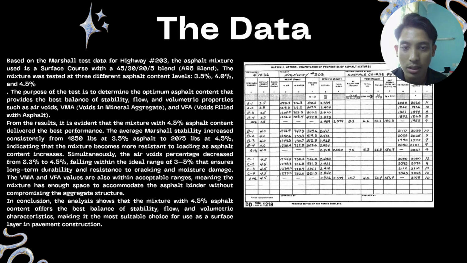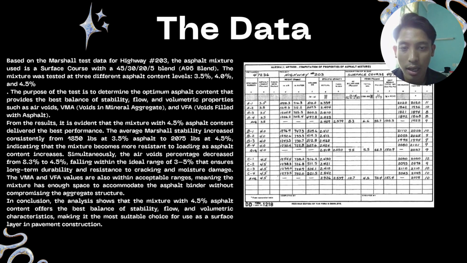The average Marshall stability increased consistently from 1850 lbs at 3.5% asphalt to 2275 lbs at 4.5%, indicating that the mix becomes more resistant to loading as asphalt content increases.